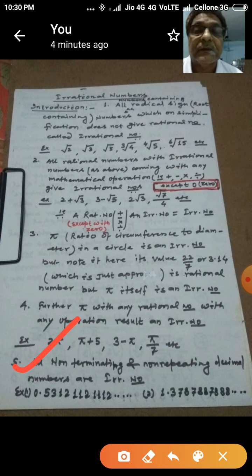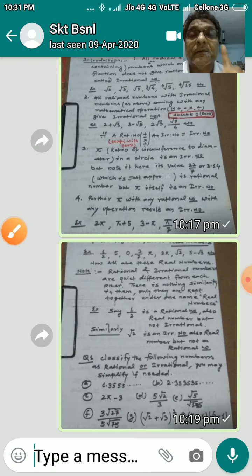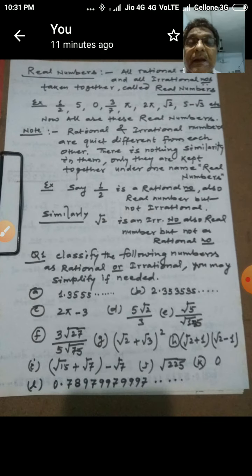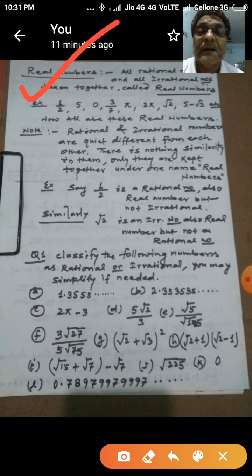There is no similarity between rational and irrational, but our scholars, mathematicians, have taken these two families of numbers and listed them under one name, and that name is real numbers. So real numbers are actually the combination of all rational and all irrational numbers.